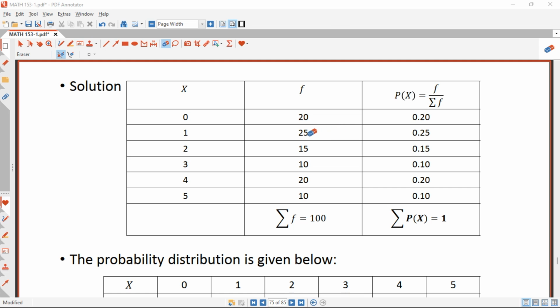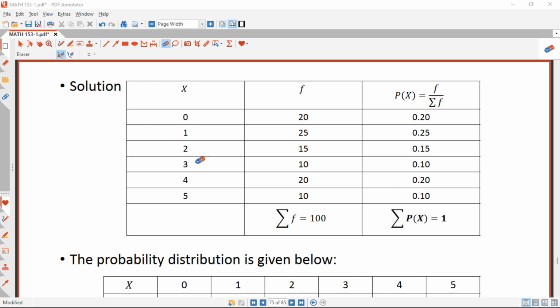When you come here, you divide 25 by 100, you get 0.25. 15 divided by 100, you get 0.15. 10 divided by 100, you get 0.1. 20 divided by 100, you get 0.2. 10 divided by 100, you get 0.10, right? So here we have been able to get our probabilities.